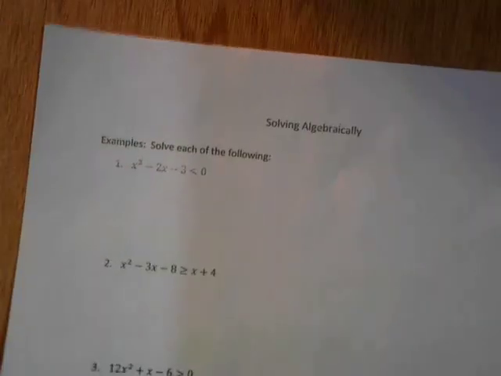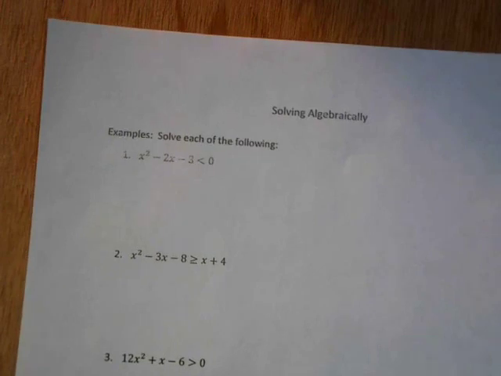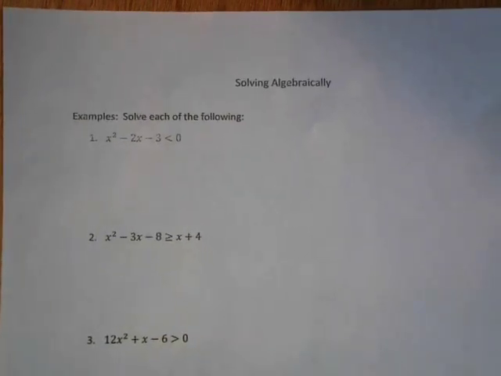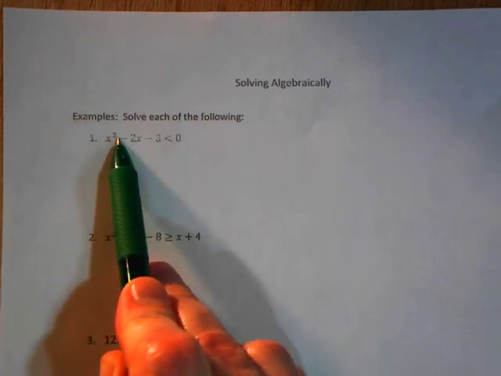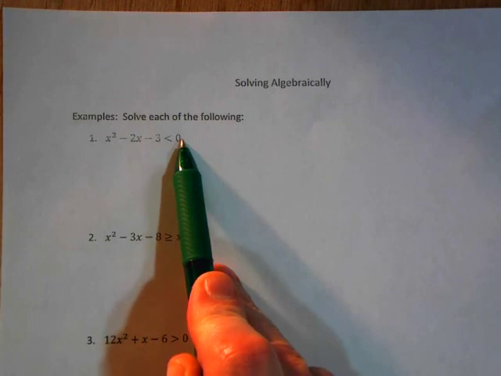So we'll keep that in mind as we solve algebraically. So now let's look at solving algebraically. To solve quadratic inequalities, you do it very much like you do a quadratic equation. If this were an equation, the first thing I would say is, all right, we notice it has an x squared. The next thing I would say is we got to have 0 on one side. We already have all that.